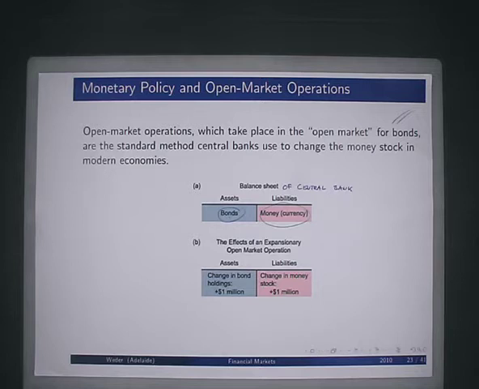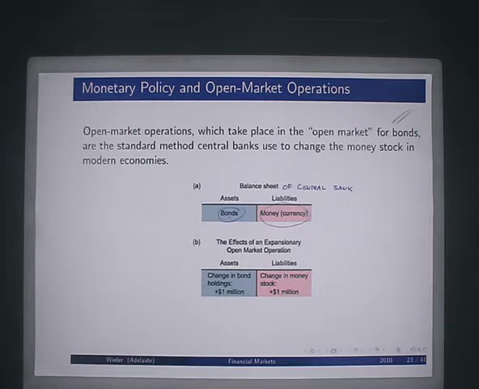Okay, so they issue money and buy bonds. And of course, if they have bonds here that are worth $1 million, then they must have paid for them with $1 million. So the money in circulation, so the liabilities of the central bank, would be then $1 million.